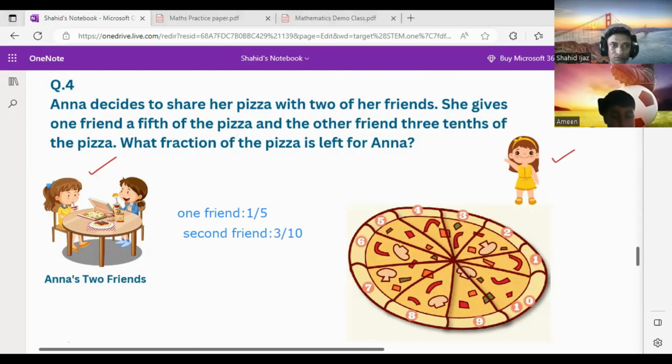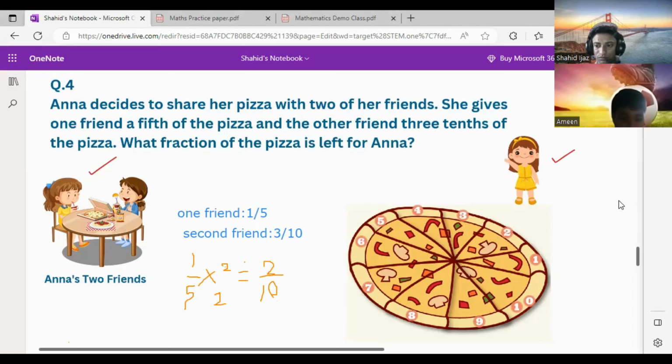And now we need to make them the same denominator. So 1/5, the denominator times 2 and the numerator times 2 equals 2/10. And then you do 2/10 plus 3/10.